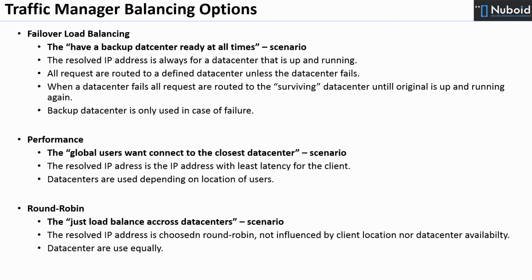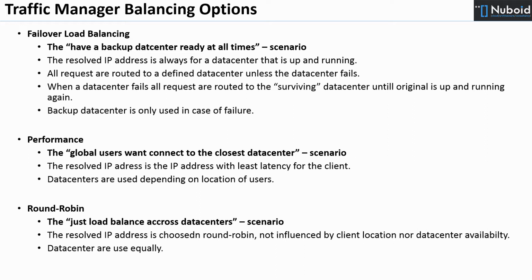So it knows all the routing tables. It knows, based on the IP address where the DNS request is coming from, what is the best data center, the one which has the lowest latency towards the client application. So that is all about performance.